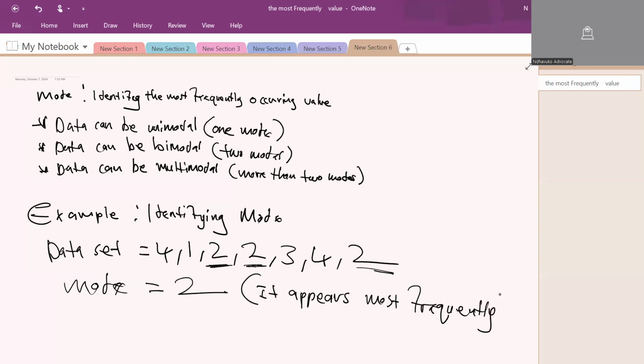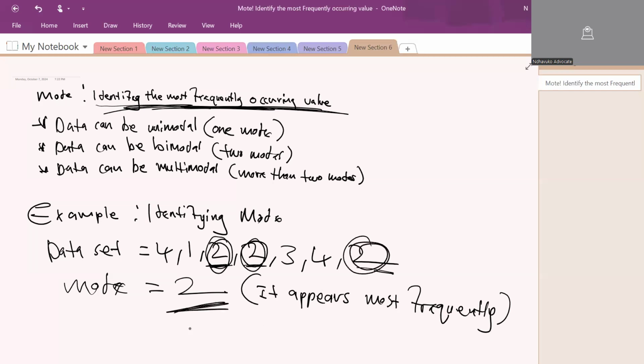That's the strategy that we gave here: identify the most frequently occurring value. So the most frequently occurring value is 2. 2 is our mode because it appears the most. So we've dealt with that one.